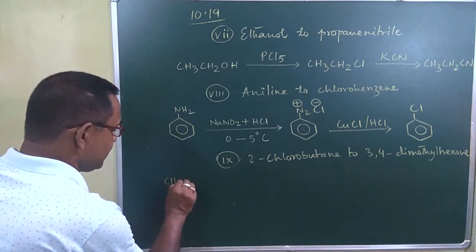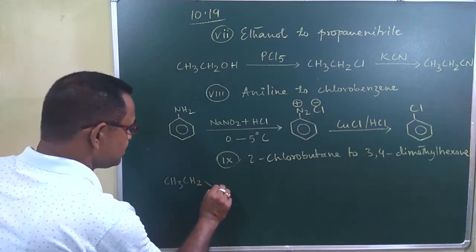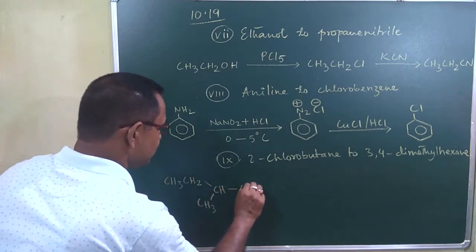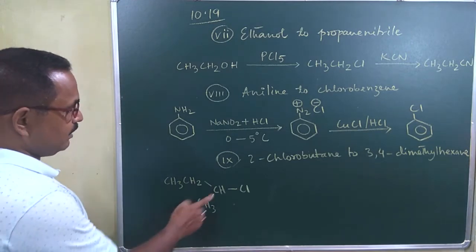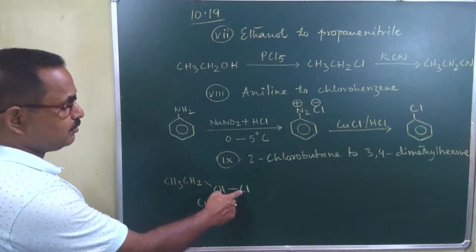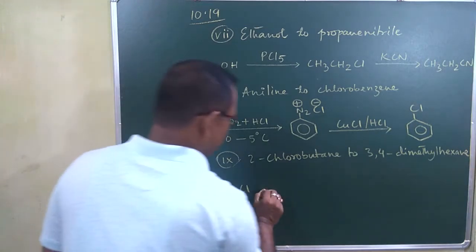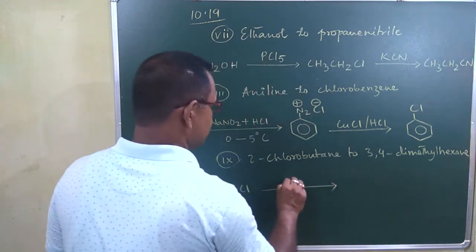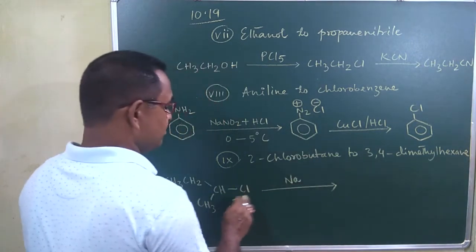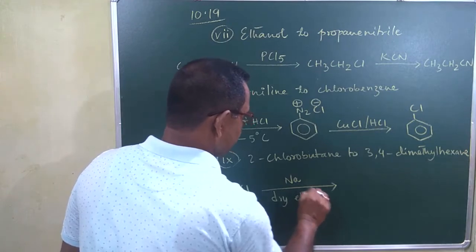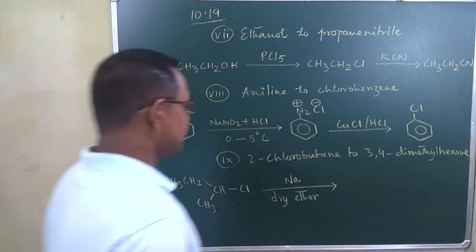CH3CH2CHClCH3. 1, 2, 3, 4. At position 2 we have chlorine, so this is 2-chlorobutane. You carry out Wurtz reaction. Treat this compound with sodium in dry ether.